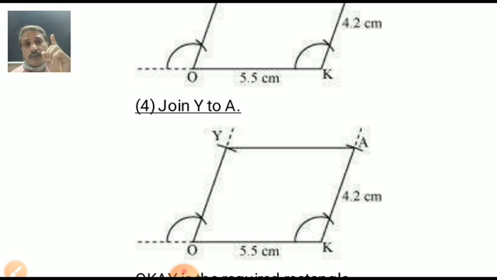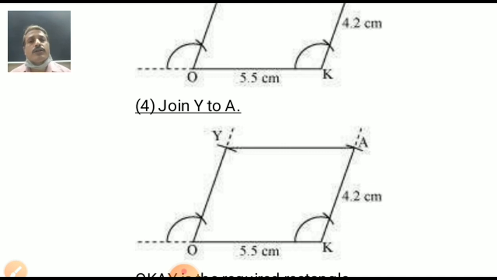Quadrilateral means square, rectangle, rhombus, kite, trapezium, parallelogram. Six words you have to remember. Parallelogram and square, rectangle: the difference you should keep in your mind. Rhombus and square, both have all 4 sides equal, but in a square all angles are 90 degree.